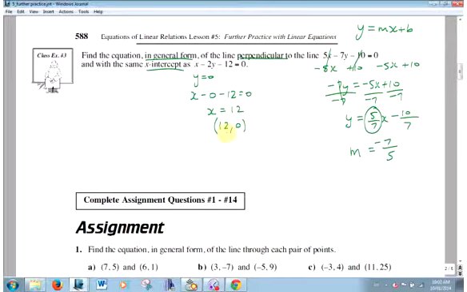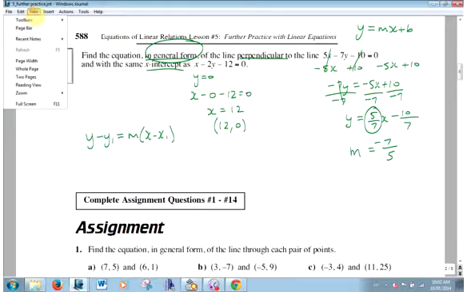Hey, there's a point. That's actually easier than solving for the y-intercept, putting it in y equals mx plus b form to find b. I got the slope. I got a point. Slope-point form. Okay, got everything I need, and I'll just, again, rearrange this and make it look like general form.